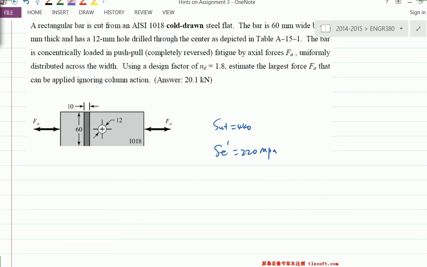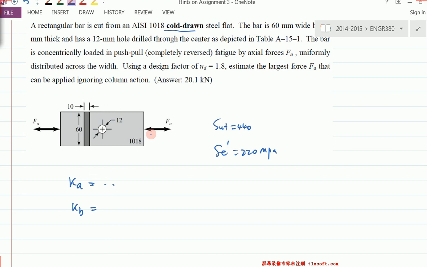So this one here is axial loading. So the Marin factors that we need: surface factor. I think it's the same kind of surface, cold drawn, so basically the machined surface. Ka, and you need the Kb, the size factor.